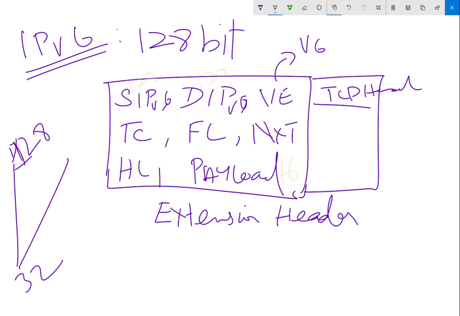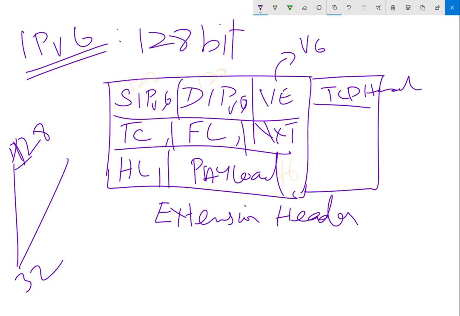Each one has its own size, so it is determined and classified, as we have in IP version 4 also. During our presentation, I will show you the original header diagram, so it will be very easy for you to understand.